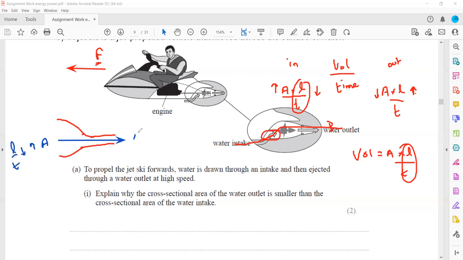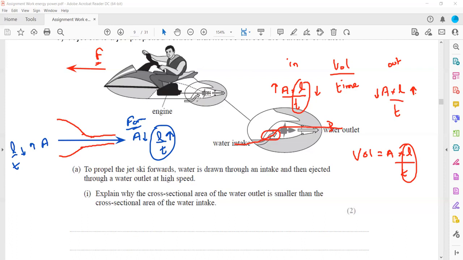The other side has a small area, so a greater amount of water must flow every second. When a greater amount of water flows every second, there is more change in speed and greater acceleration, as a result it will experience a greater force. And when there is a greater force, it will be easy to move the jet ski over the surface of water.